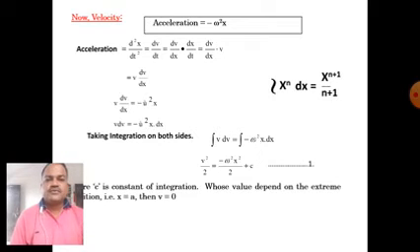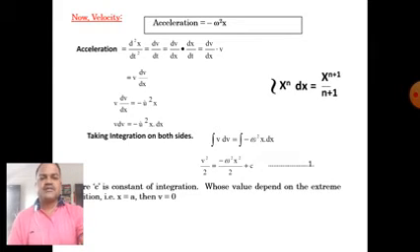This value depends upon the extreme condition of the linear SHM. Extreme condition means the particle is at the extreme position, where displacement is the amplitude a, and velocity is 0.